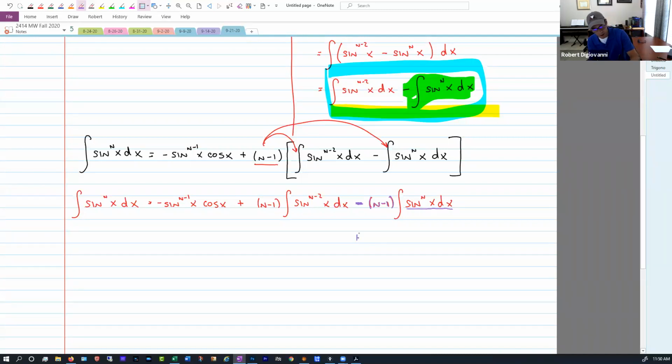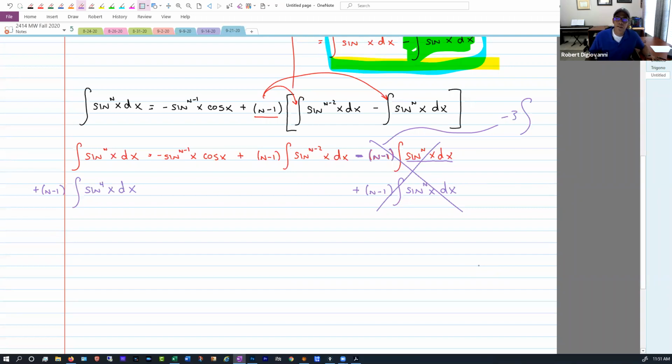Just imagine that n minus 1 was a number, like minus 3 times the integral. You would add 3 to both sides, add 3 of the integrals. That's exactly what I'm doing here. And I have to do the same thing over here, add n minus 1 of those integrals to this side. They will go away over here.